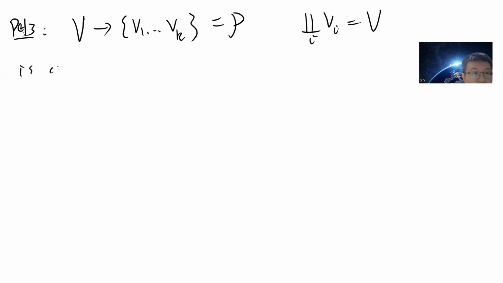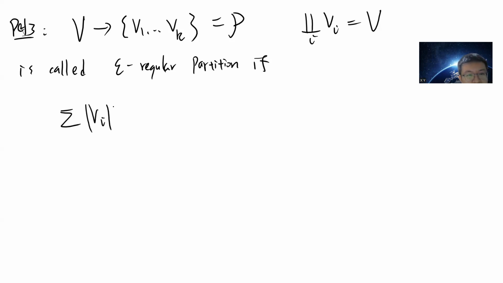It's called an epsilon-regular partition if, summing over the pairs Vi, Vj that are irregular, the count is small. Remember I previously defined epsilon-regular, so you can define Vi, Vj to be epsilon-irregular if they are not epsilon-regular. You count the irregular pairs and sum over the sizes of these pairs.